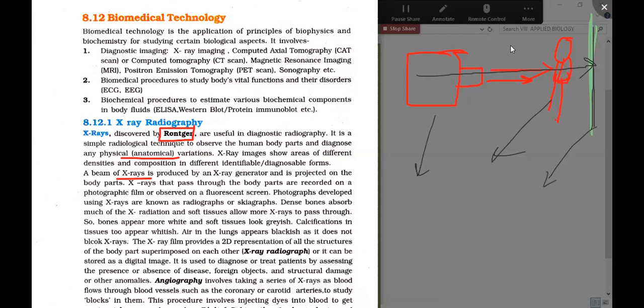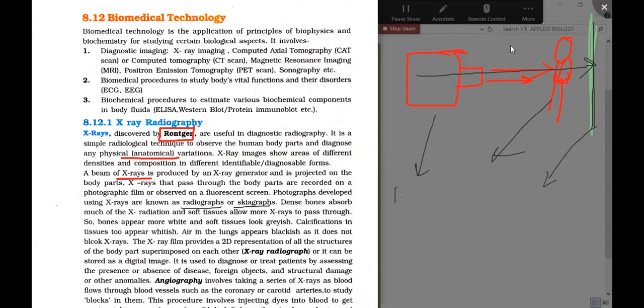So photographs developed using X-rays are known as radiographs. Whatever falls on the photographic film, we say radiographs or skiagraphs. Then what mechanism is left over here?